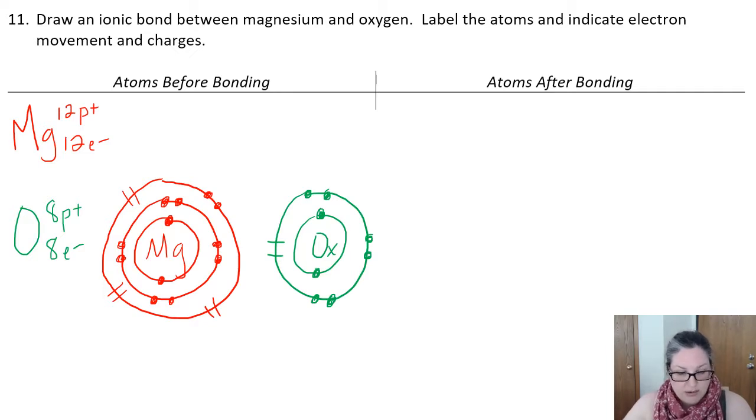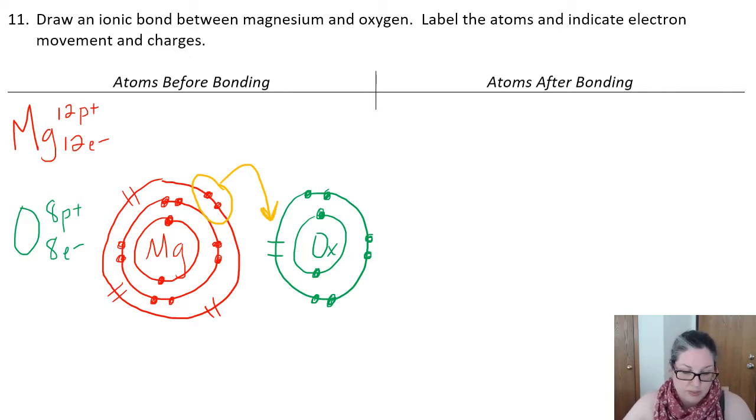So what we see here is both of these atoms have incomplete outer shells. Magnesium has 2 extra and oxygen is lacking 2. So what's going to happen is that when these two come into close contact, these 2 electrons will be transferred over to oxygen.